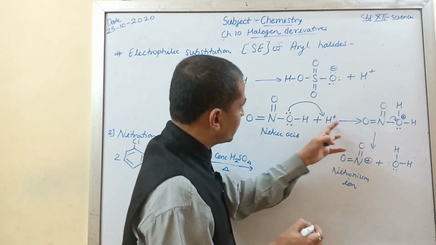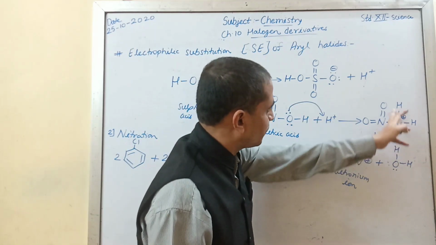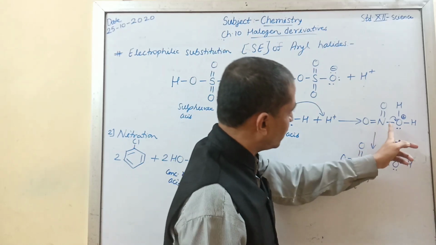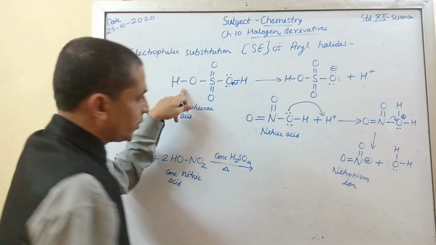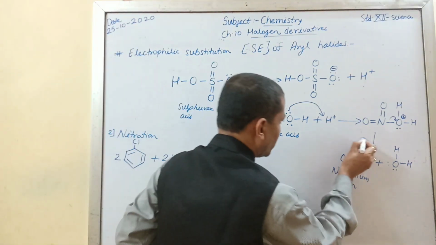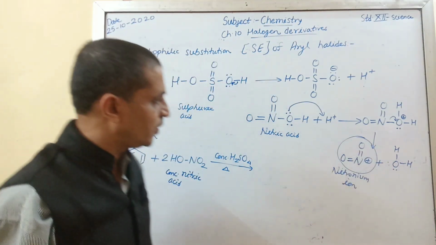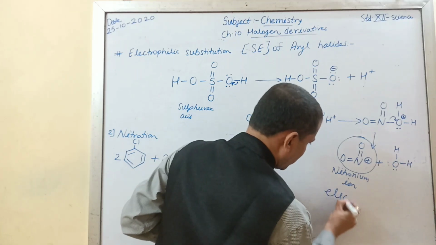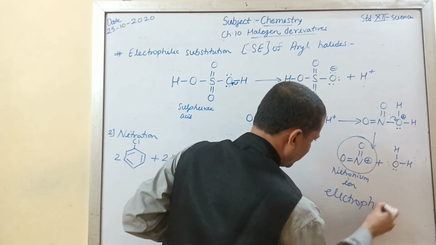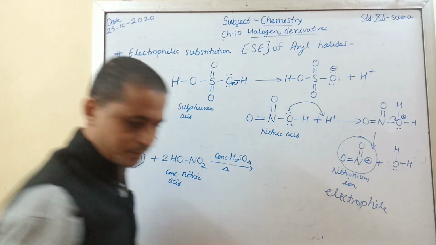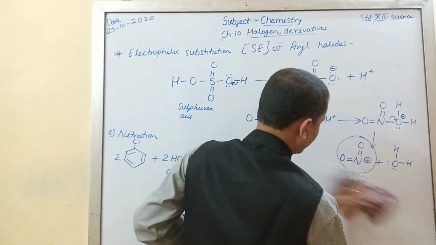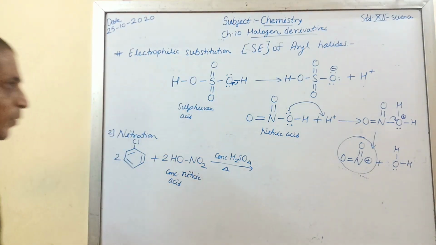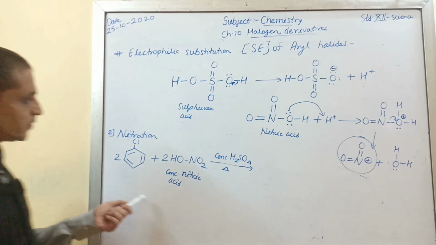So what happens? There is a formation of this OH bond. Again it is unstable, and therefore this bond breaks to form the nitronium ion. So sulfuric acid helps in the formation of this NO2 group, the nitronium ion, which acts as the electrophile. See this properly. We'll proceed to the next step.